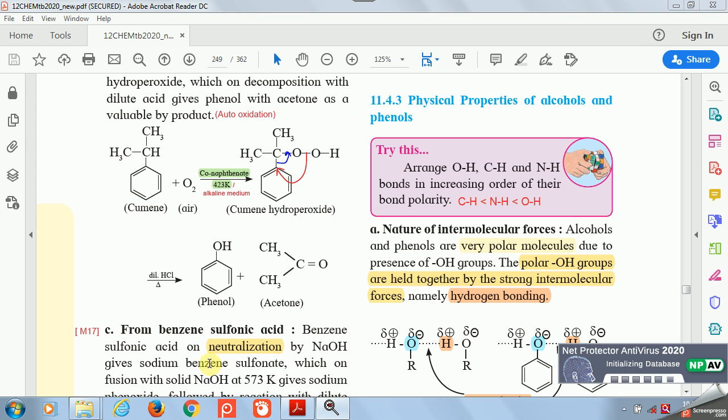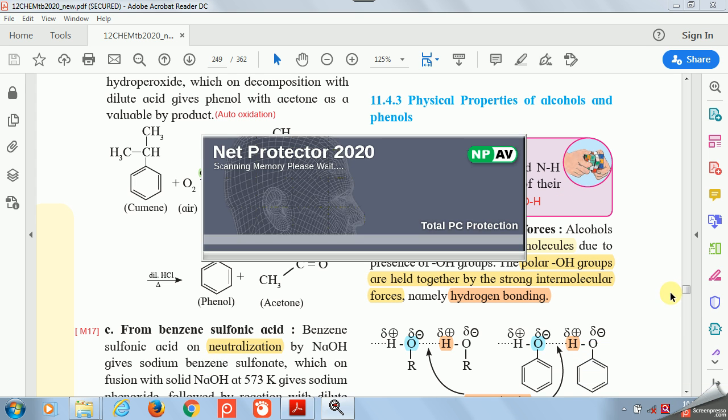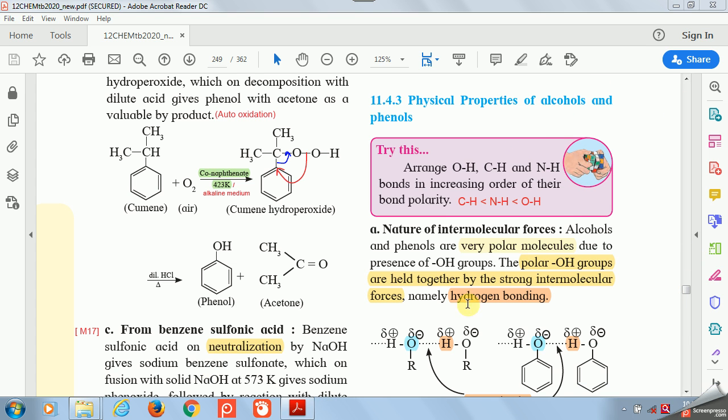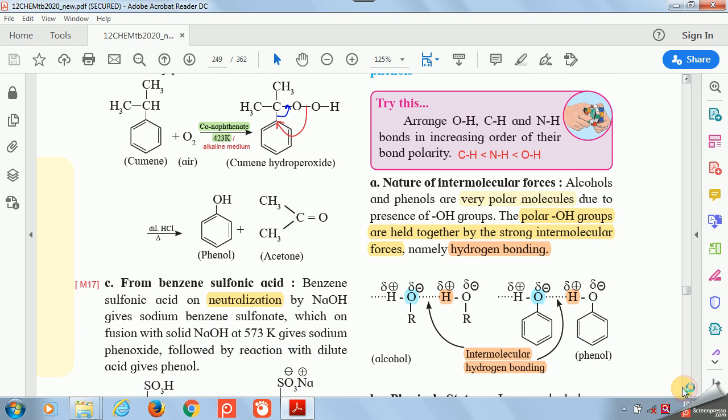Let us consider the alcohol molecule. In the alcohol molecule, the oxygen atom of the first molecule and the hydrogen atom of the second molecule get attracted towards each other because both these molecules are polar molecules.